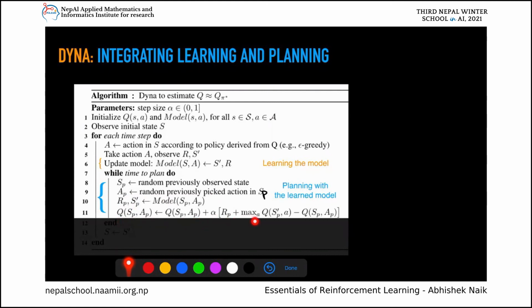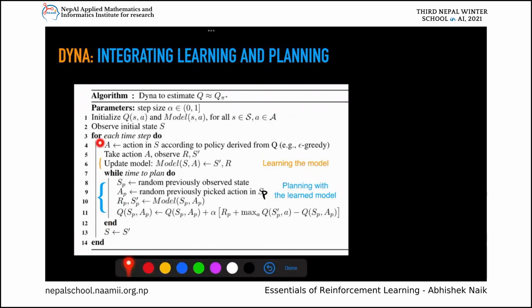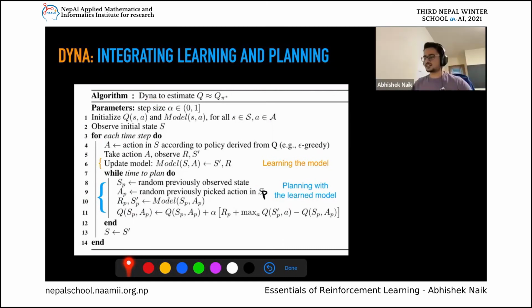Then we do the usual Q-learning update on this experience that came from a model. So this is imagined experience that we learned from real world data, and we do this till convergence. This algorithm lets us learn a model as well as plan with it as if we had real world experience.